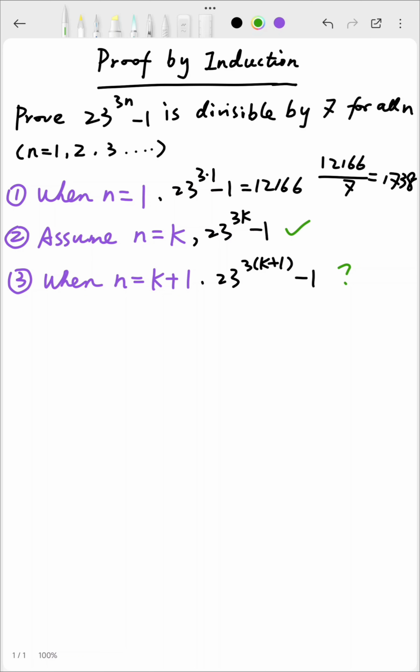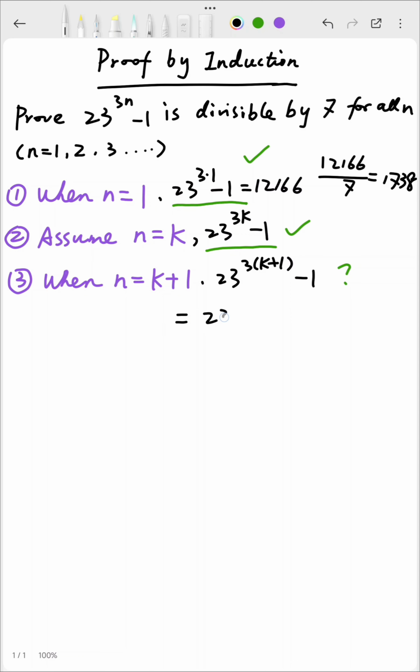Alright, before we carry on, let's just review what we have done already. We have proved 2^(3) minus 1 can be divided by 7, and we assumed 2^(3k) minus 1 can also be divided by 7. So these are the two conditions we know, and let's use that to our advantage in the rest of the working.